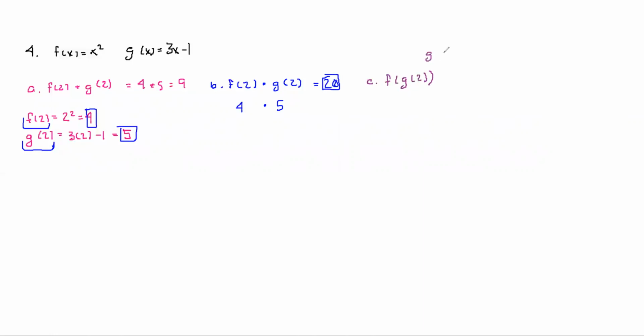So if I just go ahead and say g of 2 is equal to 5, then this is equal to f of 5, and f of x is x squared, so it'll be 5 squared. Okay. So we just plug it right back into f of x. So 5 squared, which is 25. All right. And then this last one is going to be g of f of 2.